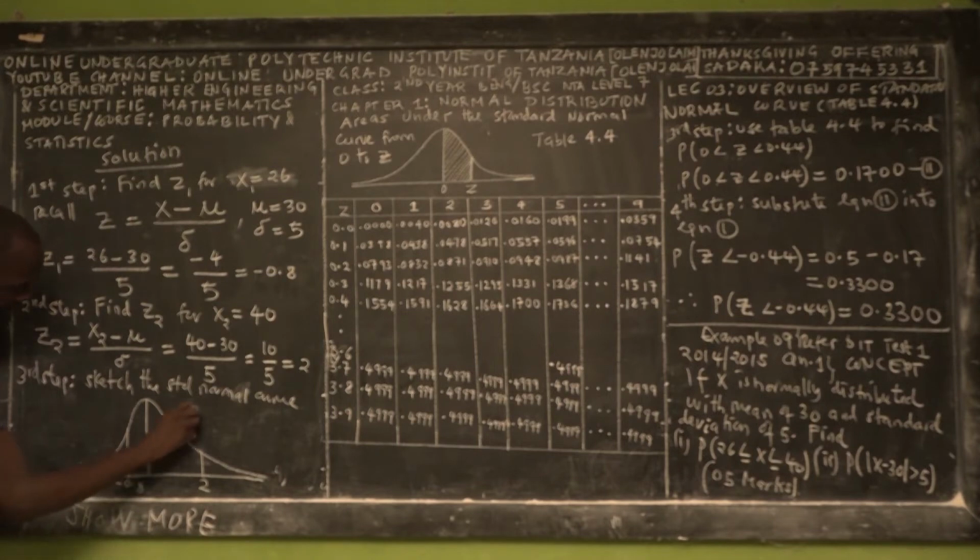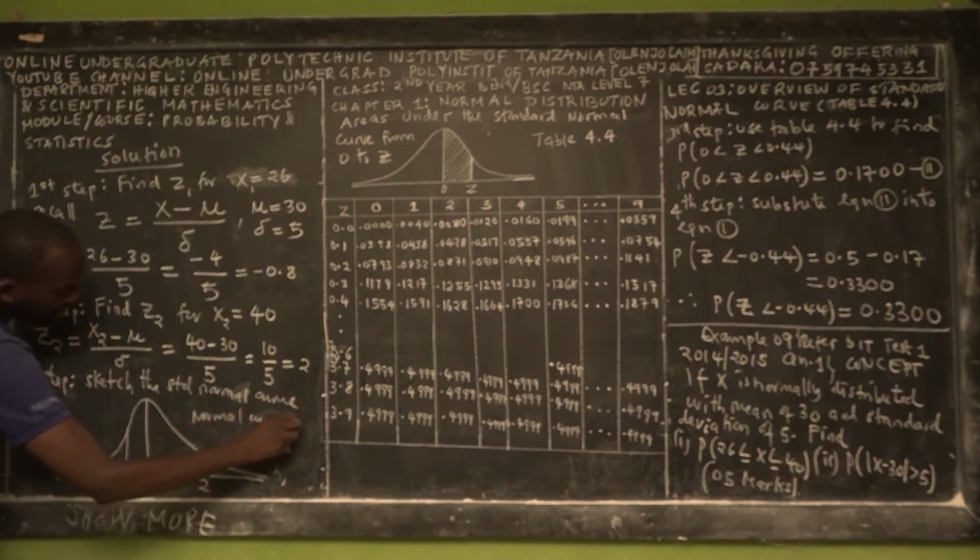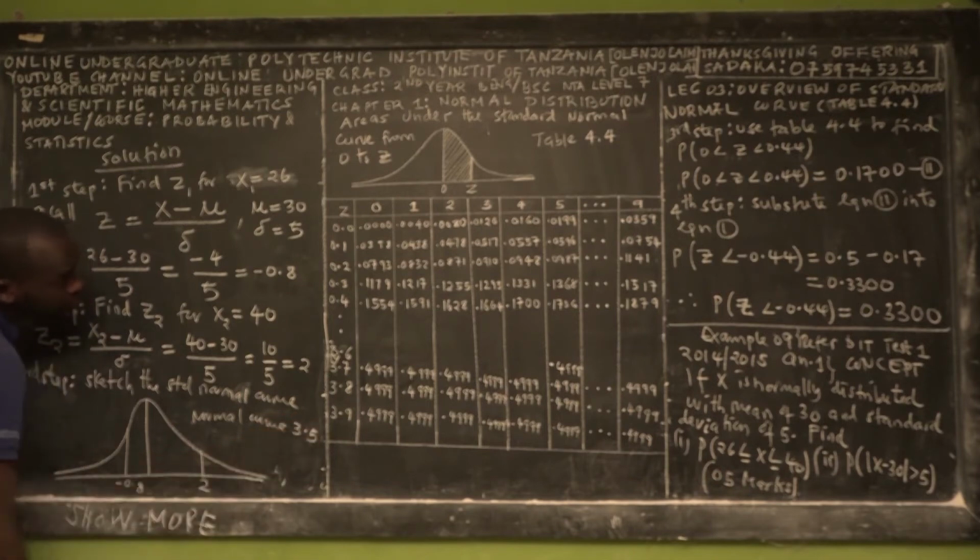So this is the normal curve. Let's say this is 3.5, if I'm not mistaken. We've been asked to find the area under the normal curve from negative 0.8 to 2.